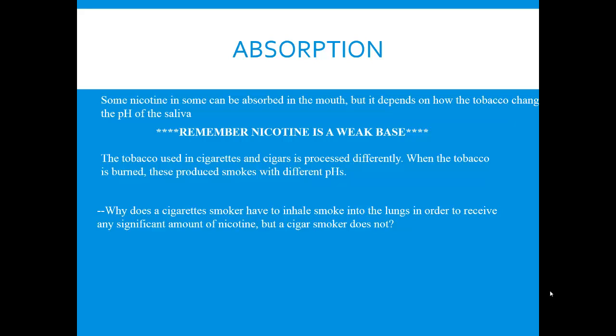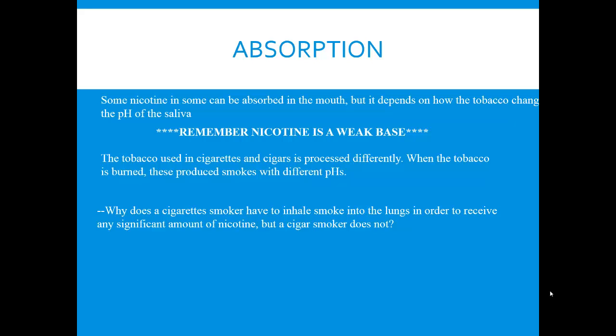But I'll talk about cigar tobacco in a minute. When you burn cigarette tobacco, that produces an acidic smoke. So hopefully you're going, aha, I see where she's going. Remember, when you burn the tobacco, the nicotine is going to become vaporized in the smoke. So burned cigarette tobacco produces an acidic smoke.